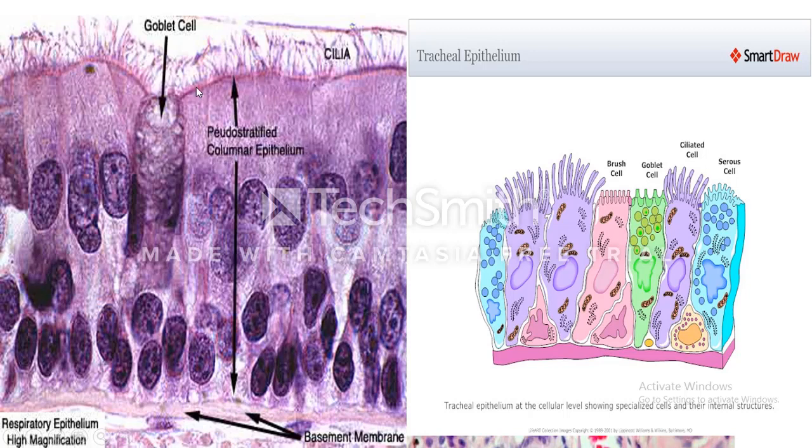This is brush cell, this is a brush cell, and you see in these basal cell, this is a basal cell, and this small granular cell, okay? And you see in this epithelial migration lymphocyte, okay?